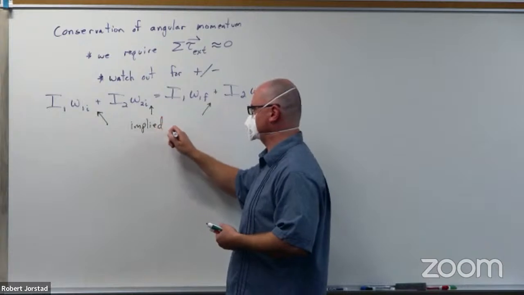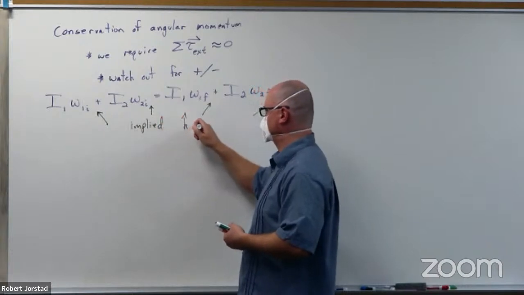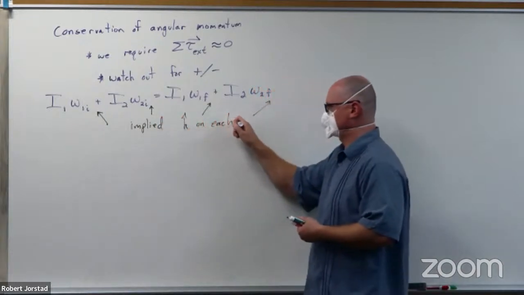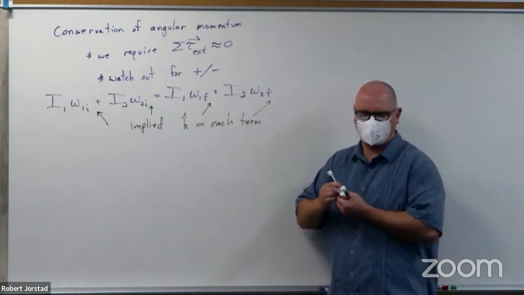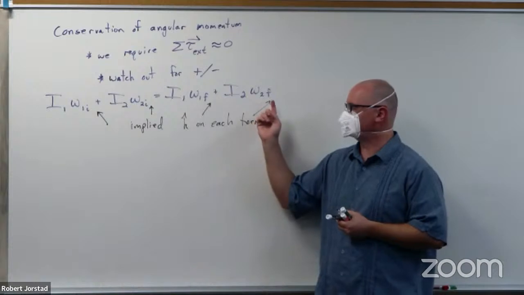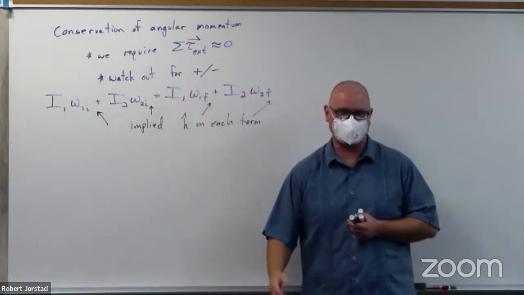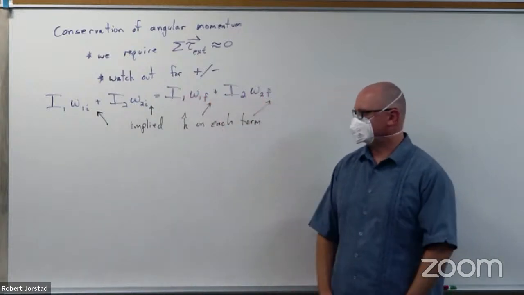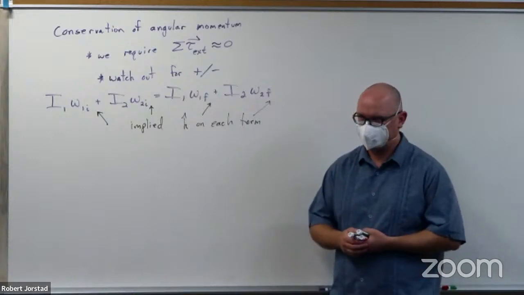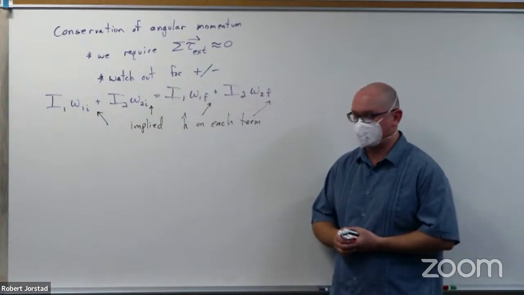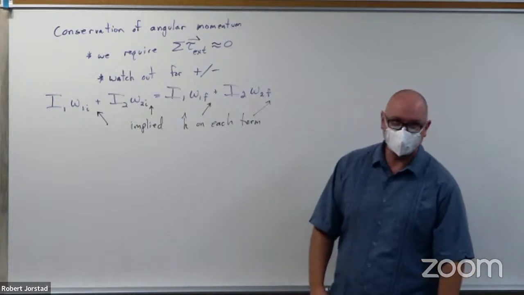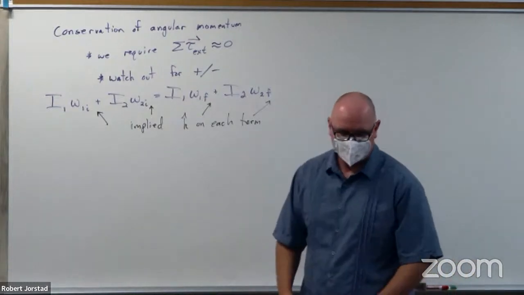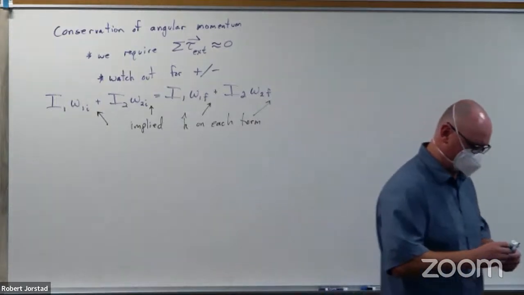Did that make sense? Or there's some rotation axis implied. These omegas are actually velocities, not speeds. Angular velocities, not angular speeds. Or, as crazy as this sounds, let's see if I can do one here.